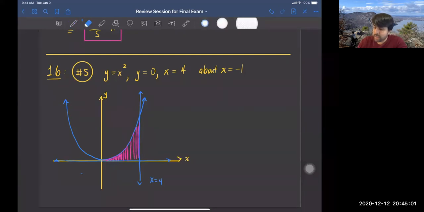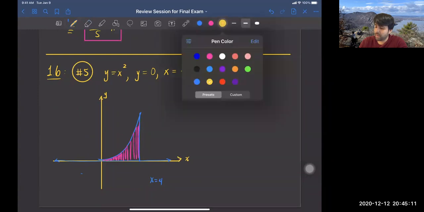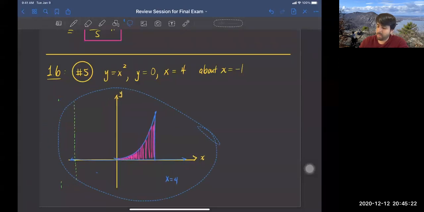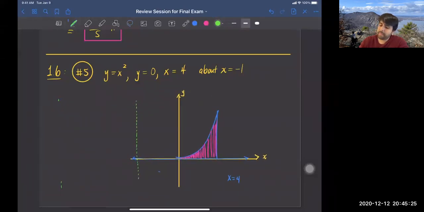I'm going to erase everything that I don't need. I just need a region. I'm going to take this region, and I'm going to revolve it around this, the equation x equals -1.